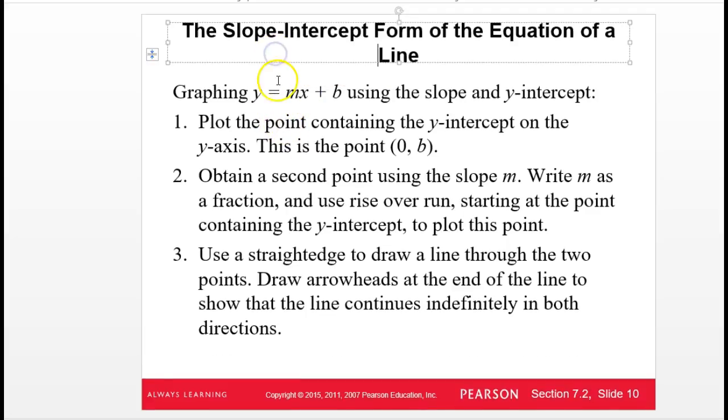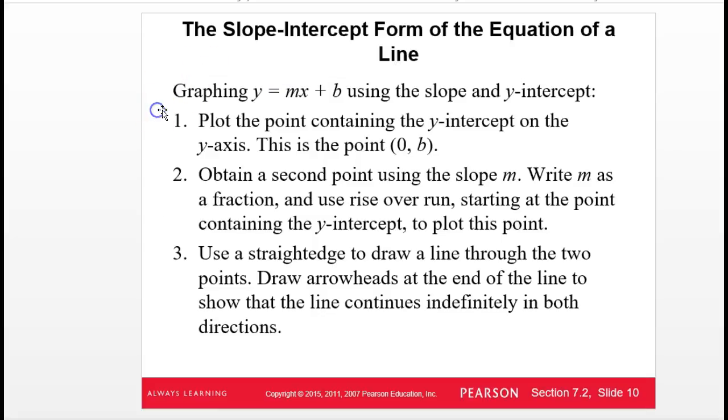We're going to write the slope as a fraction, and we are going to go up and over by whatever the slope tells us to. Once we've done that, we're at a second point, and we can plot that second point. Step 3, connect the two points with a straight edge, and you've got your line. So that's all we need to do to be able to graph this.